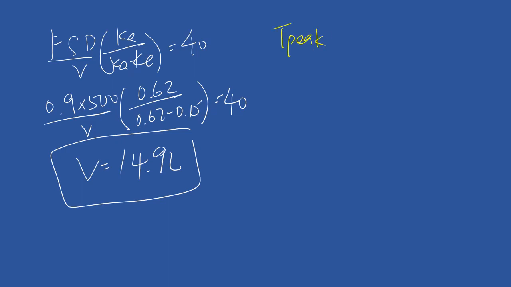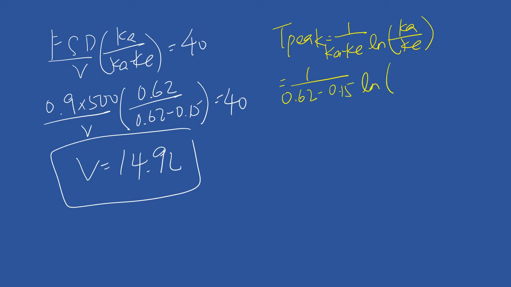The last part of the question, you need to calculate t peak and C peak. First, we identify the t peak. Recall the equation: ln(Ka/Ke) divided by Ka minus Ke. Just let me put in the values so you can follow closely: ln(0.62/0.15) divided by 0.62 minus 0.15. The t peak you should get is 3 hours.